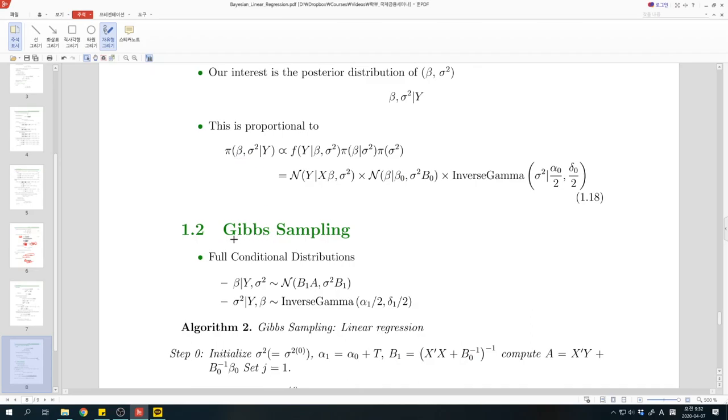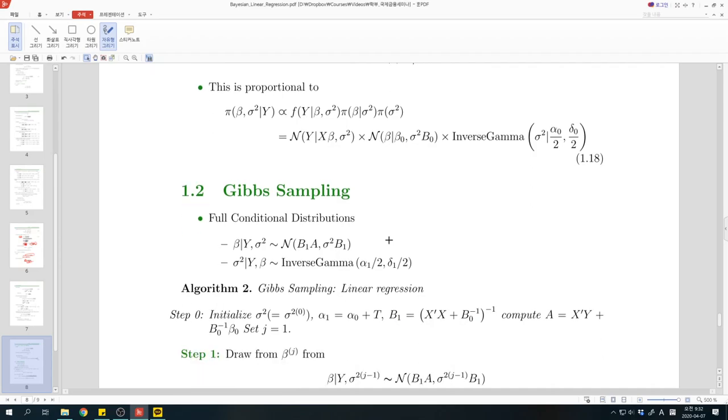So this is Gibbs sampling. I won't explain why it works; you can learn the theoretical background or the proof in the graduate program later, if you want.